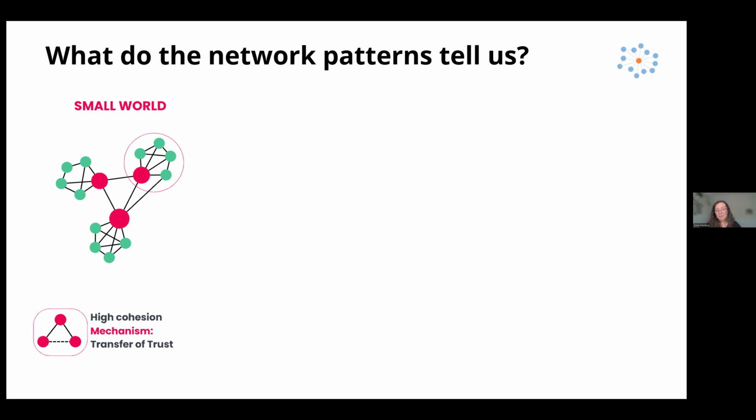Now, the mechanism at work in these kinds of small world networks is called transfer trust, or transitivity, or cohesion. There are opportunities and constraints in small worlds. An opportunity is the fact that the world just becomes smaller. You are able to reach distant groups through people that intermediate between those groups.